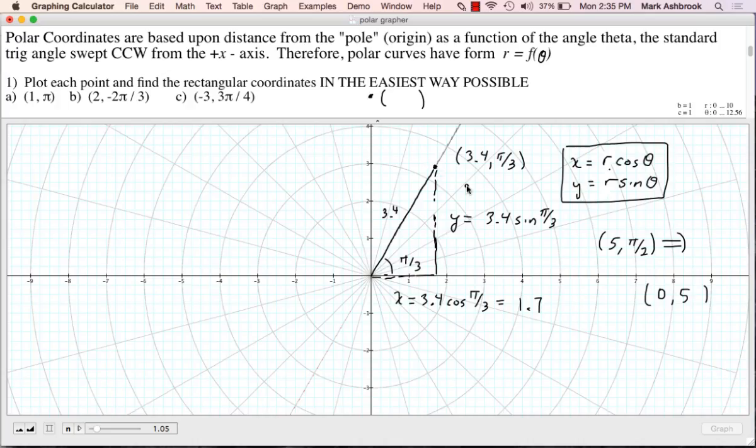But in polar coordinates, this point, 3.4, pi over 3, has many representations of the same point in the plane. Can you think of another way to represent 3.4, comma, pi over 3 using a radius and an angle?